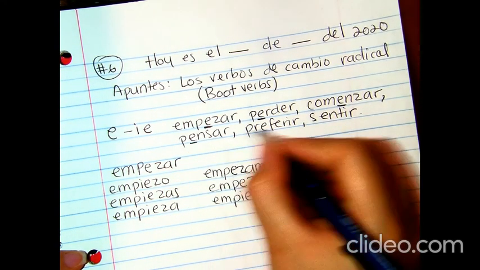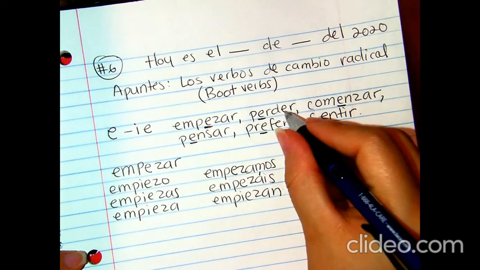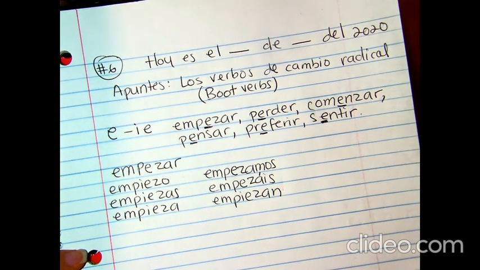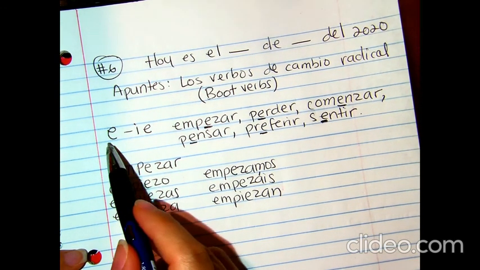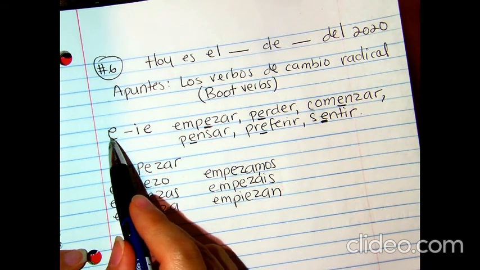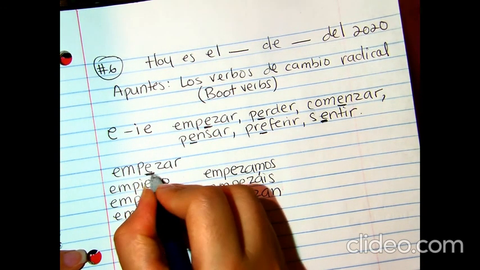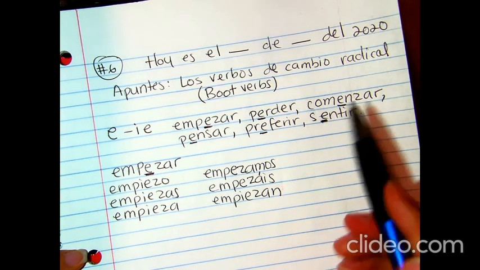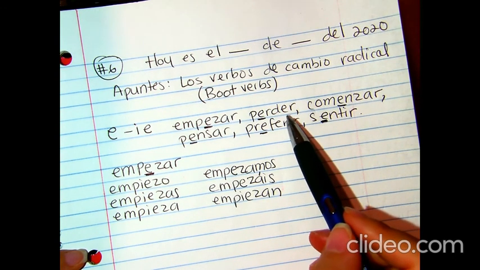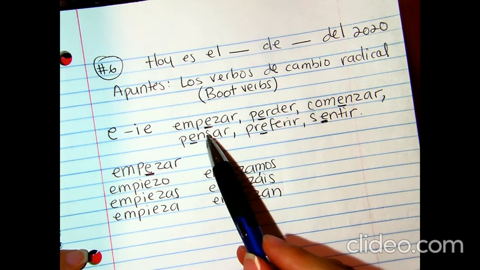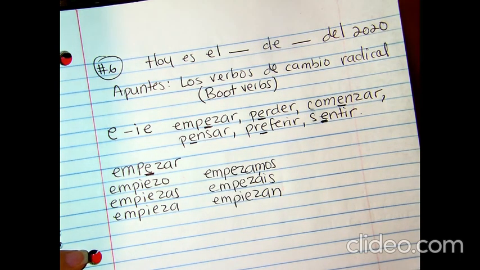If it has it in the ending, you don't change it. You find the E in the verb and you change the E to an IE. Okay, so I am changing this E. The reason why I'm saying not the one in the ending is because perder has an ER ending, right? So you find the E in the verb and you change it to an IE, right?